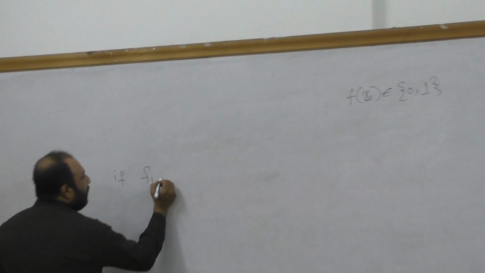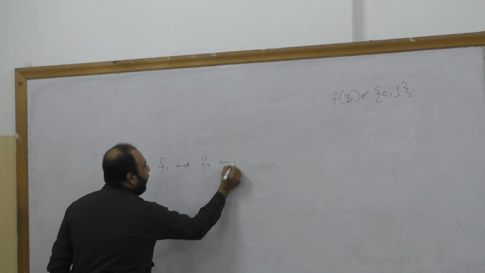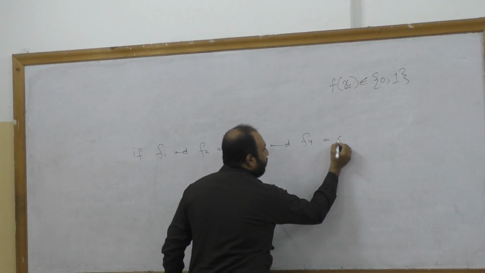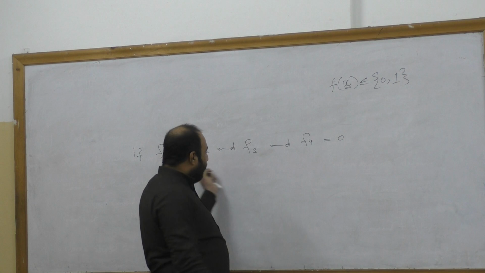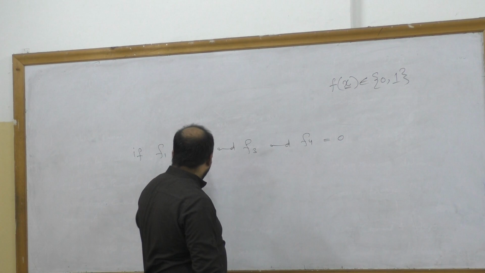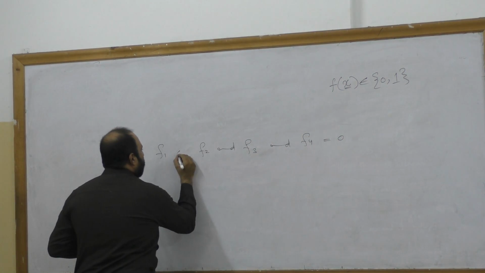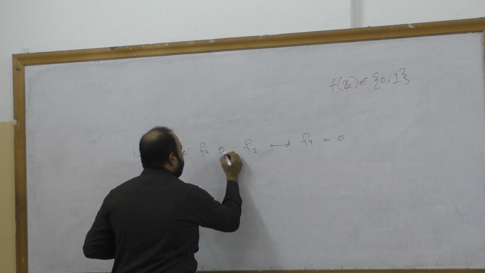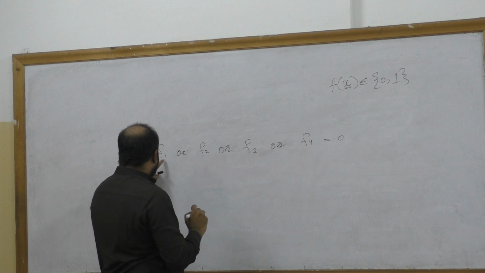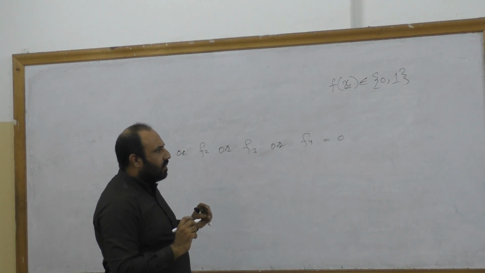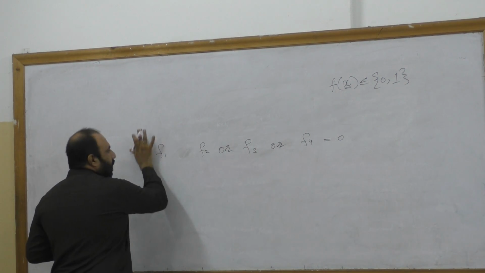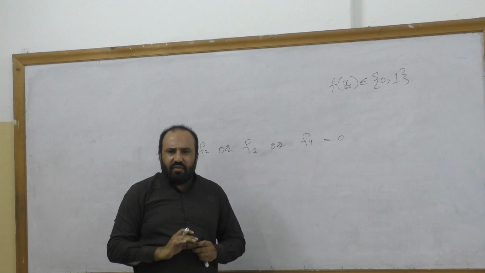If F1 and F2 and F3 and F4 is 0, if the and of this, if this is 0, I'm sorry, let me call it or. How can I code that they all should be 0? They all should be 0.